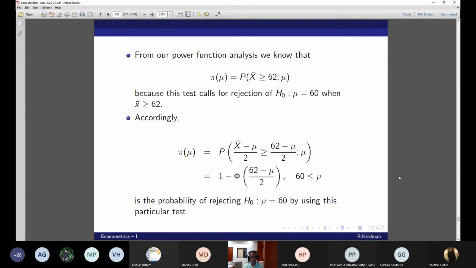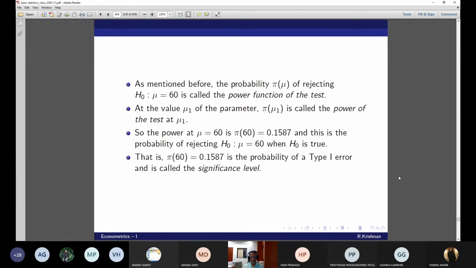Do you have the standard normal table in front of you? Can you check whether this is actually 0.1587? Yes, sir. And this is the probability of rejecting H0 when mu equals 60, that is, under the null.